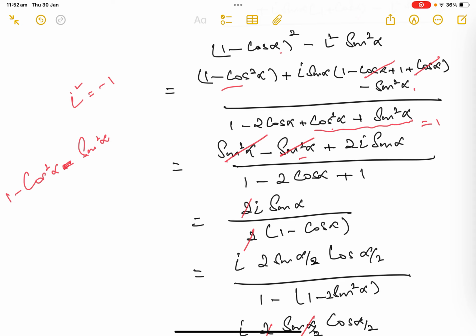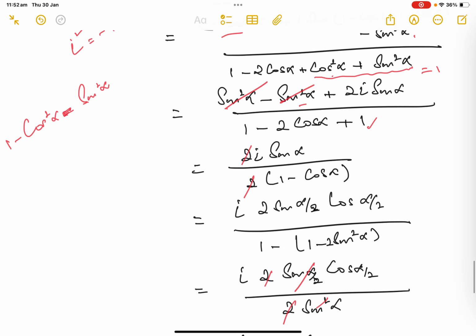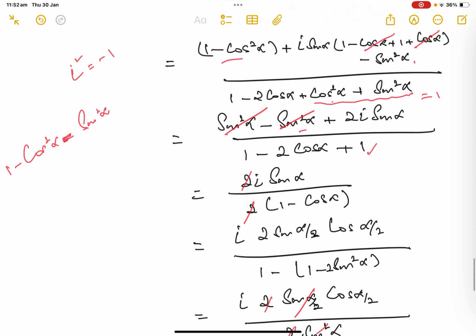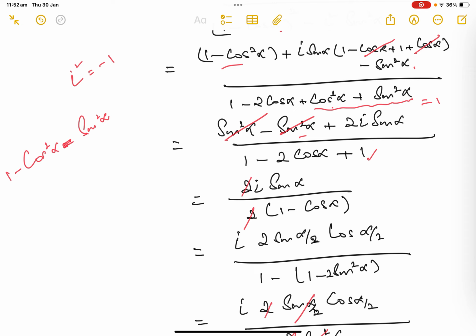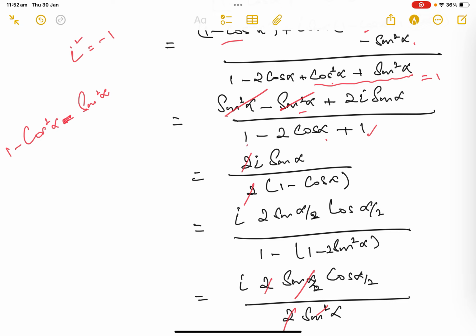So here I put 1. So 1 minus 2 cos alpha plus 1. What we are left with is 2i sin alpha over 2 minus 2 cos alpha.